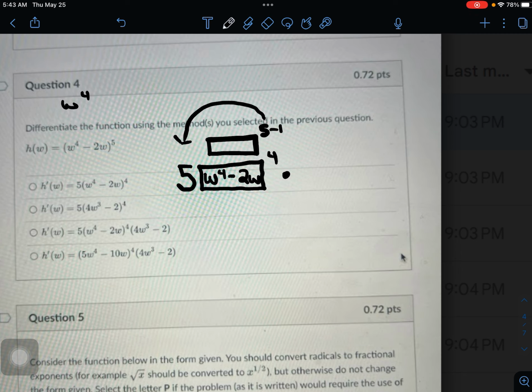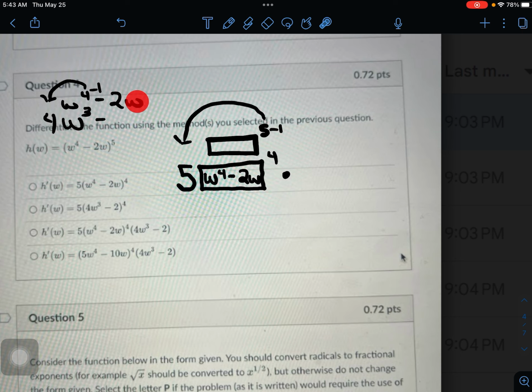This is the inside function. And we're going to take the derivative of that. You put the 4 in the front. Drop down the w. Subtract 1. So it's going to be 4w cubed minus. Then you see this 2w. Remember from our last video, if you just have a variable and you don't have an exponent, there's actually an exponent here, it's a 1.